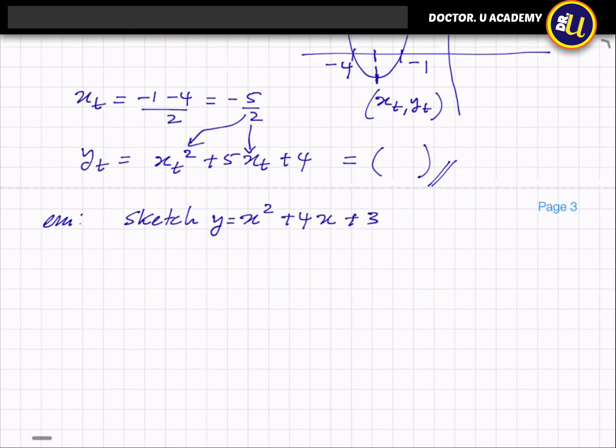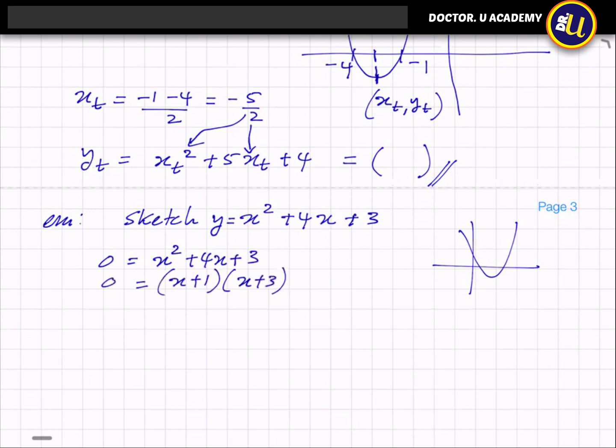So in this question, again, the graph looks like this, and to find the x intercept, what do you do? You take y to be 0, so then x squared plus 4x plus 3. So here you get (x plus 1)(x plus 3) is equal to 0. So you get x is equal to -1 and -3. So now -3 is here, -1 is here.